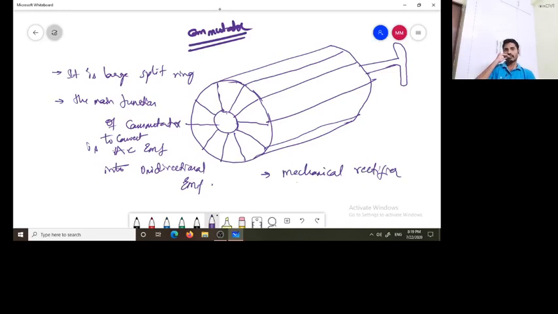Because it is a rotating device and comes under the rotor. The commutator is a large split ring consisting of a number of splits called segments.